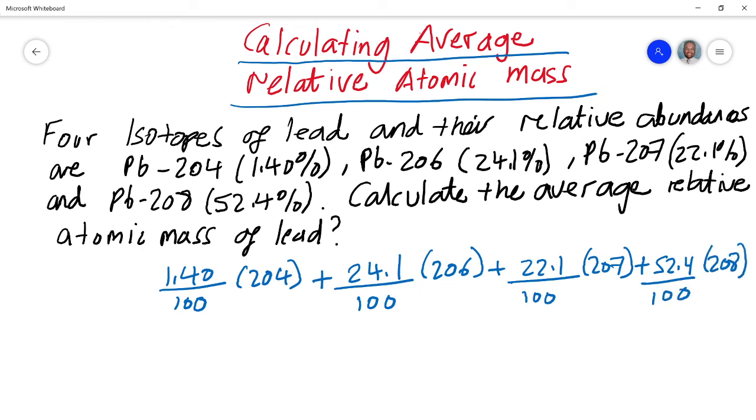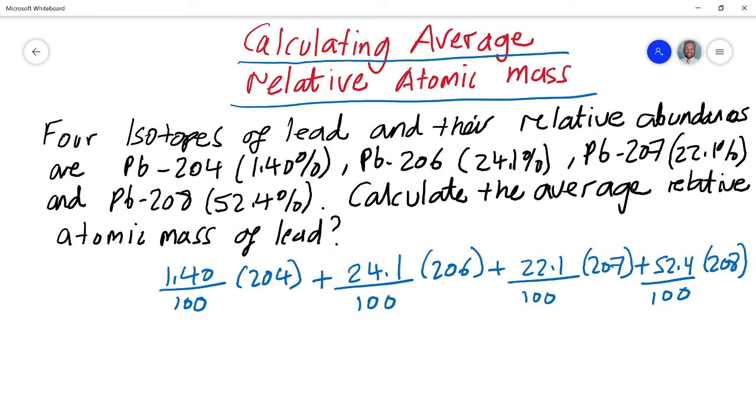It's very important that you connect the respective atomic mass with the respective percentage. So you can see 204 corresponds to 1.4, 206 corresponds to 24.1, 207 corresponds to 22.1, and lastly 52.4 corresponds to 208.